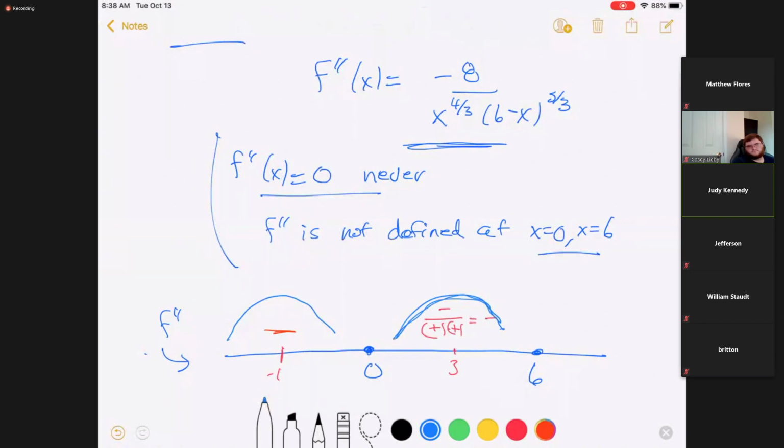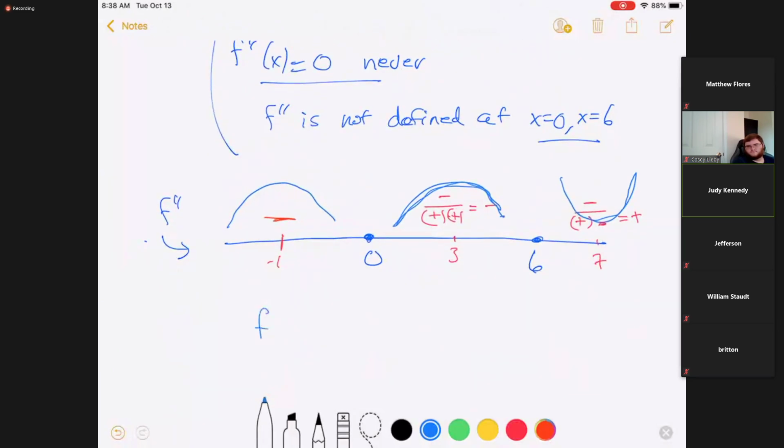After 6, say at 7, you would get, okay, negative on top always. X to the 4/3, always positive. 6 minus 7 is -1. -1 to the 5/3 is -1. Okay, that's negative. So that's going to be a positive number. So concavity changed at 6.